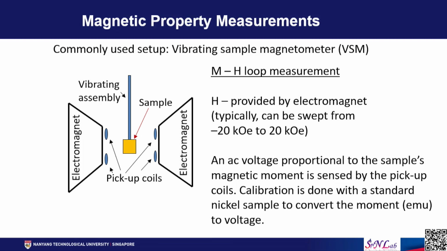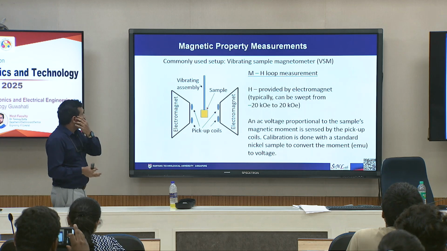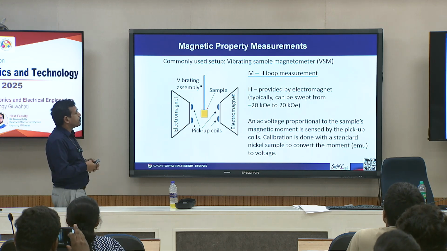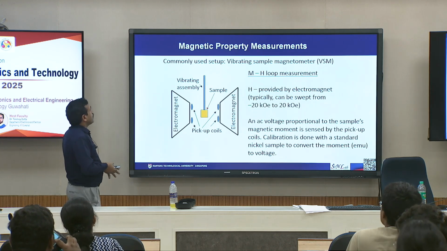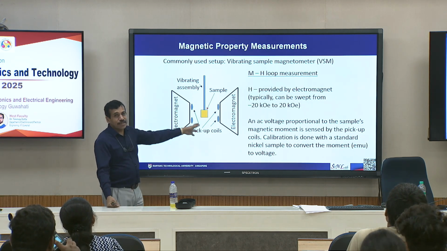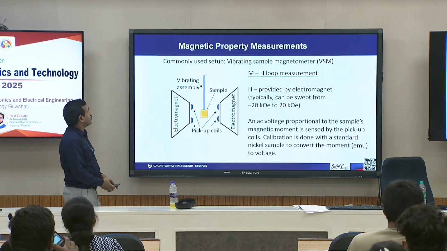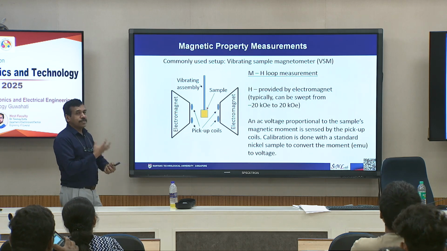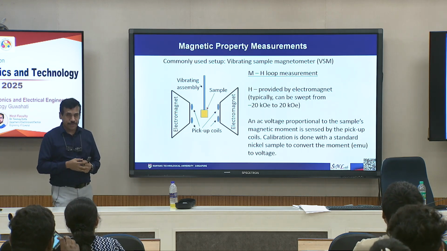If paramagnetic or diamagnetic materials respond weakly to magnets, how do we measure their magnetic properties? Typically, in most labs that do research on magnetism, we have a magnetometer called a vibrating sample magnetometer. These are sensitive measurement systems.